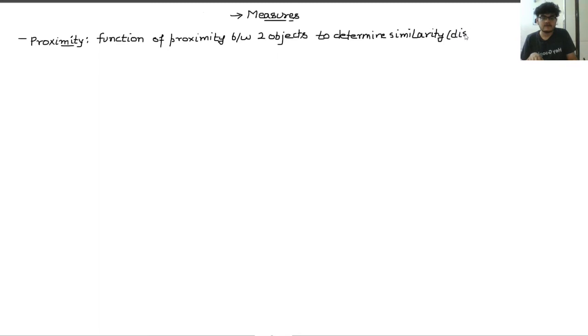All right. So the various proximity measures that we will study are Euclidean distance, and it also includes a variation which is the Minkowski distance.